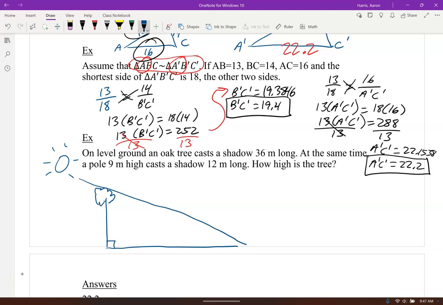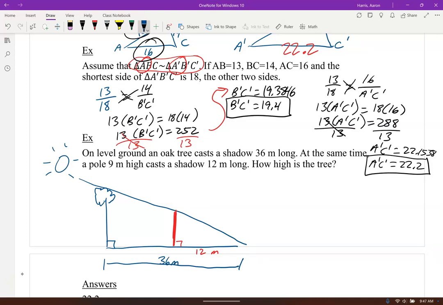And it says, at the same time, there's a pole. Let's do this pole in red. There's a pole, and it's casting a shadow that is 12 meters long. And this oak tree is casting a shadow that is 36 meters long.